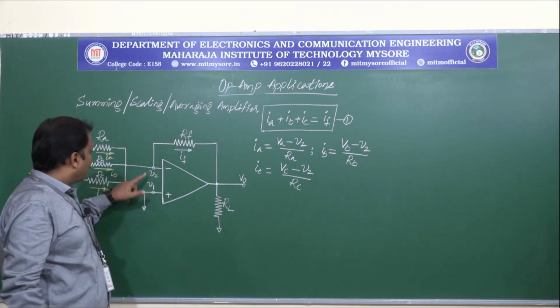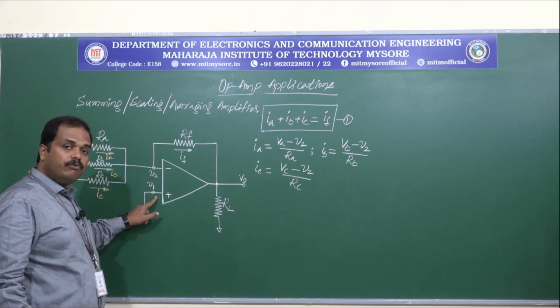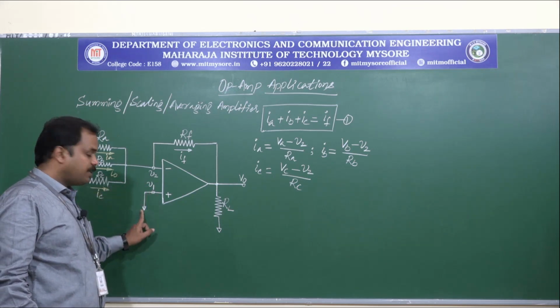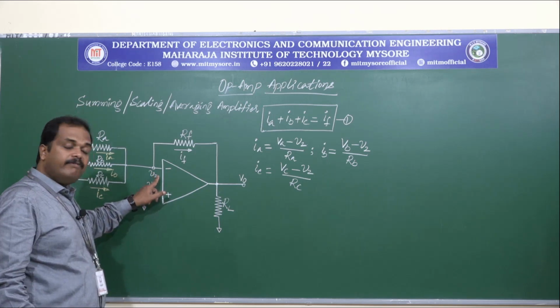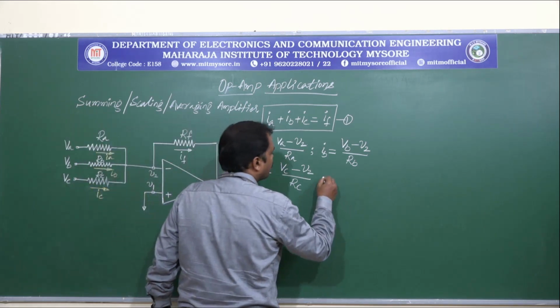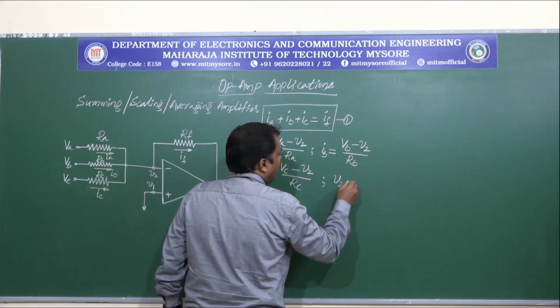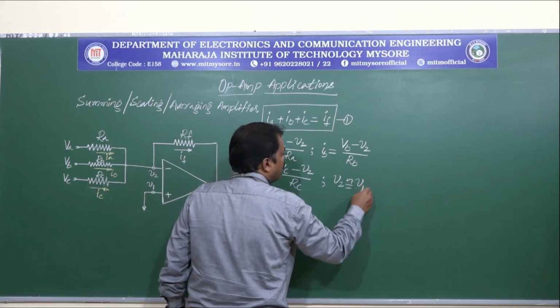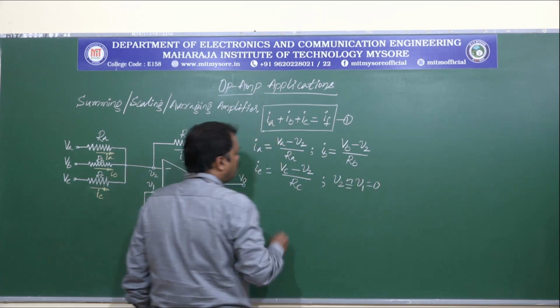And we know that V2 is virtually connected to V1 and V1 is connected to ground. So virtually V2 is connected to ground potential. V2 is approximately equal to V1, which is equal to 0.